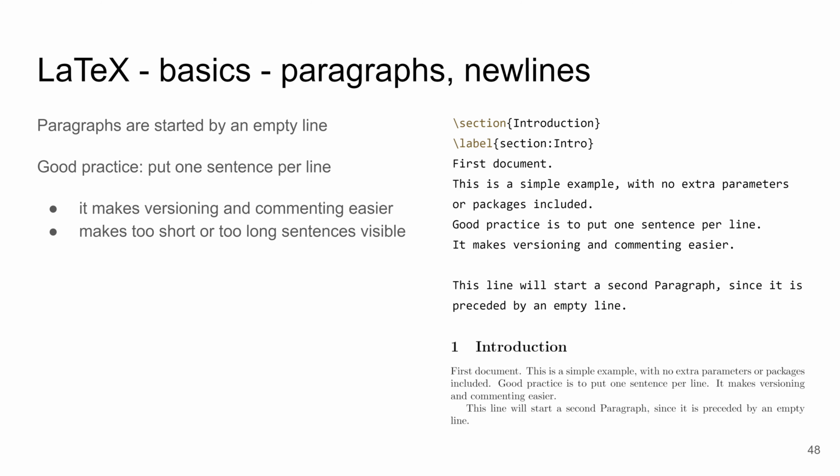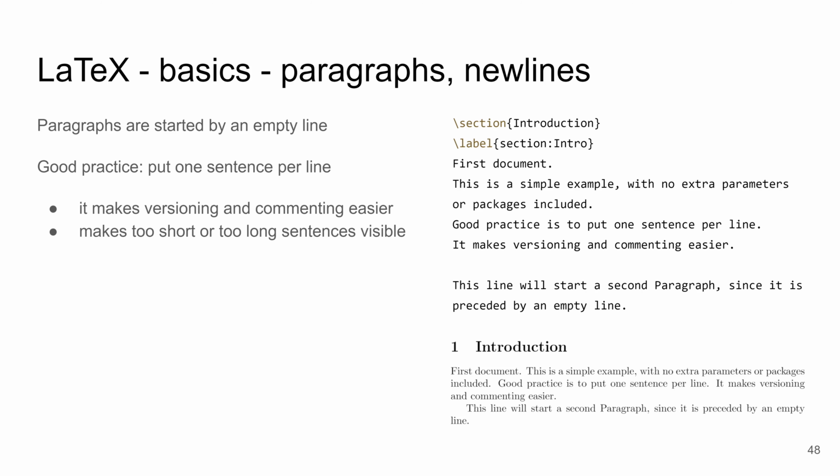When you then version or comment on your text source, for instance on GitHub or in Overleaf, where there is also a commenting functionality, it is much easier to focus on the place that you want to discuss if you place each sentence on a separate line. For instance, in GitHub, all the versioning and commenting and so on is focused on lines.